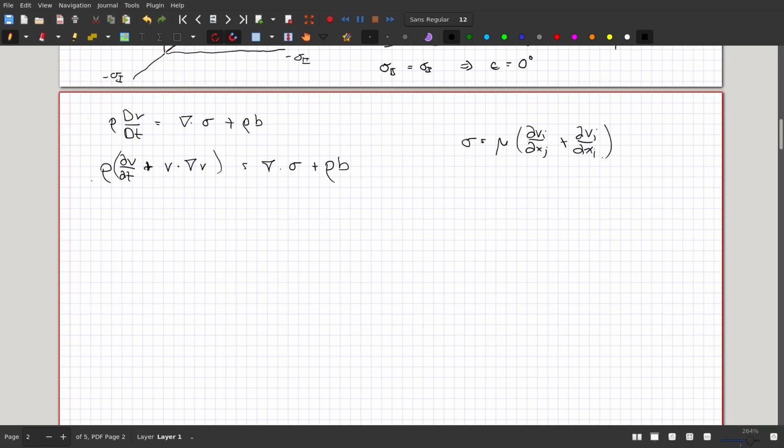If you plug that in and put everything in terms of velocities, then you get the Euler or Stokes flow. When you have compressible density, you have to add a pressure term, and then you get the Navier-Stokes equations, right? But it's the same momentum equation for a fluid or a solid.